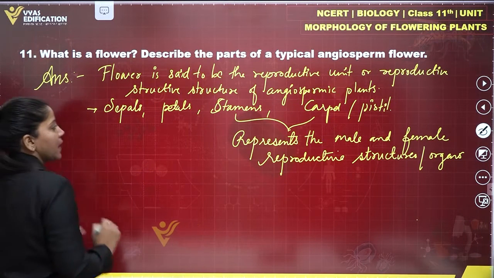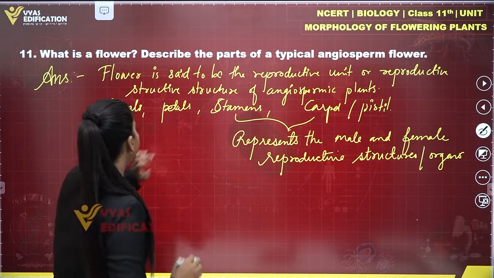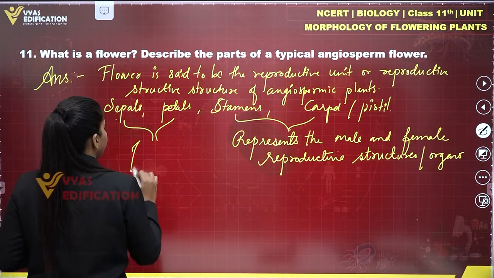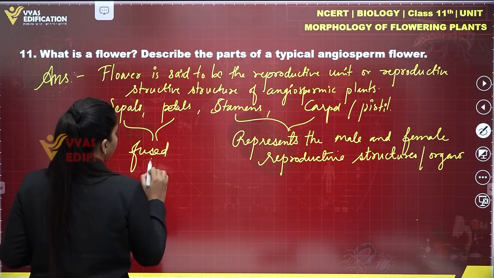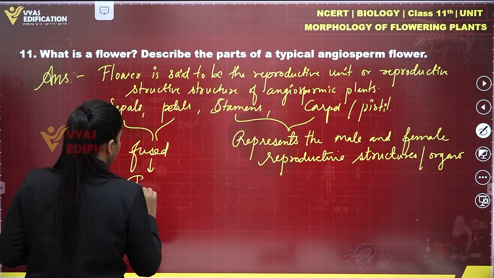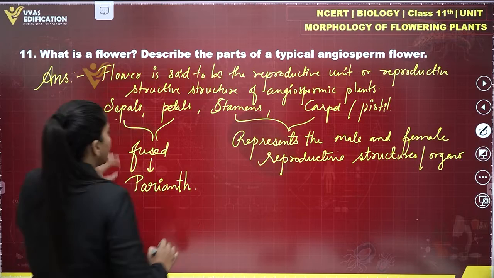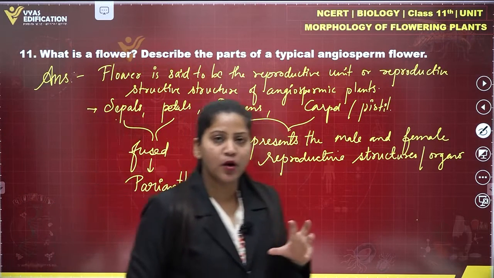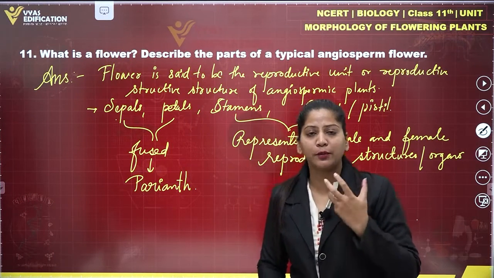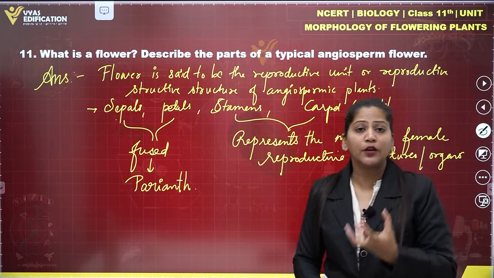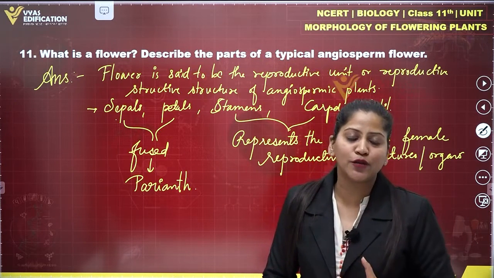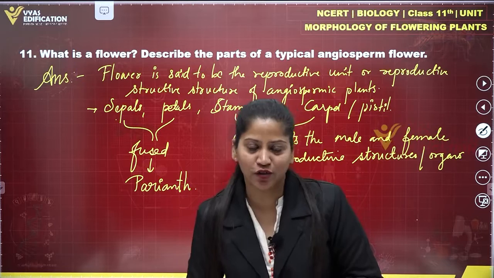Now, if these sepals and petals are fused, then we have a new term known as perianth. Alright, they both are present in a flower of angiospermic plant just to provide protection and to attract the pollinating agents for the process of sexual reproduction.